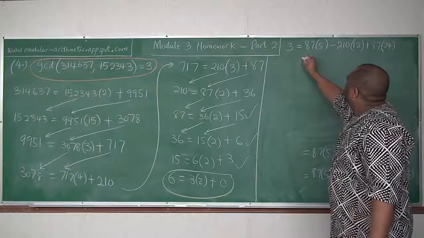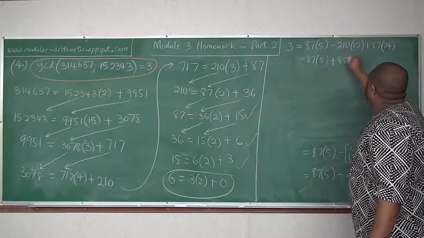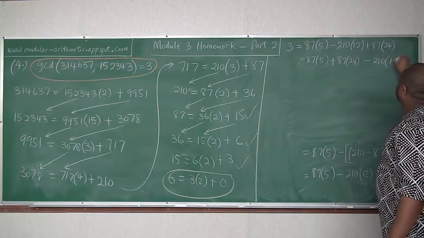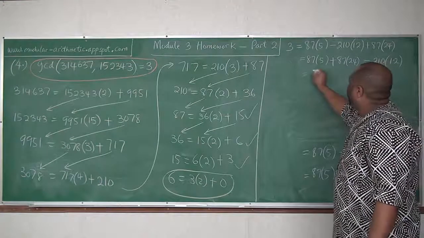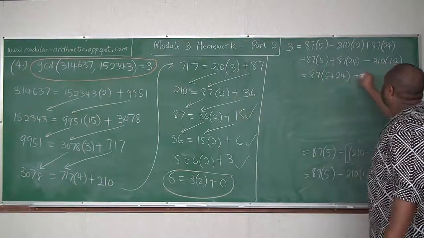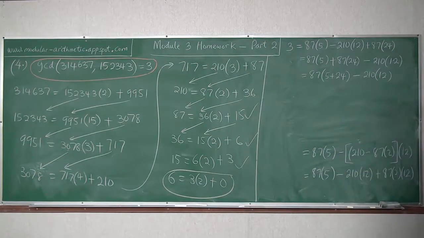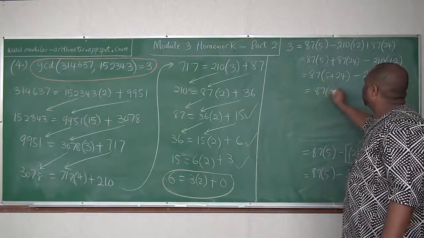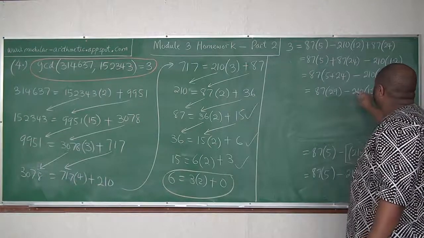So this is 87 times 5 plus 87 times 24 minus 210 times 12. This gives me 87 times (5 plus 24) minus 210 times 12, so 87 times 29 minus 210 times 12.